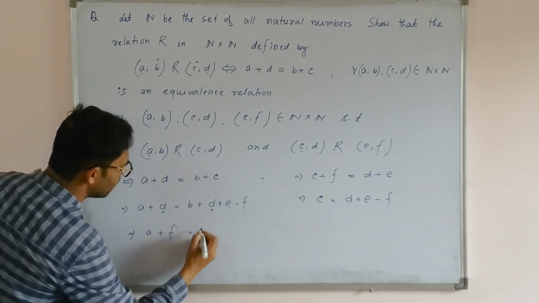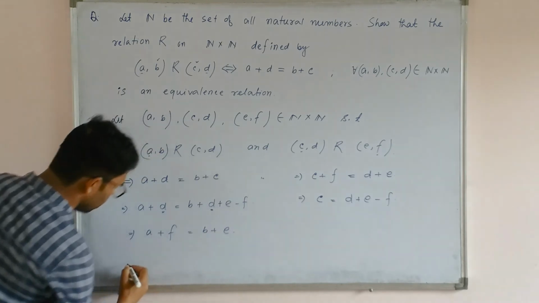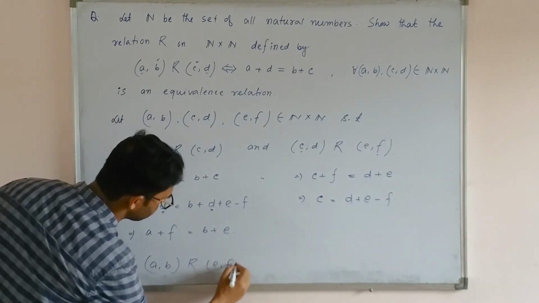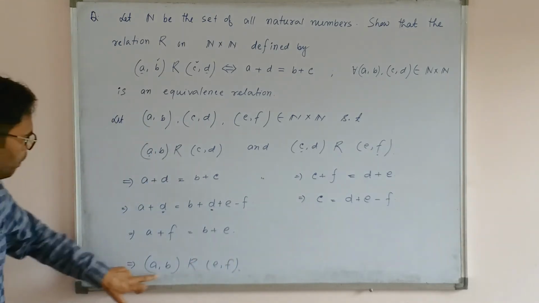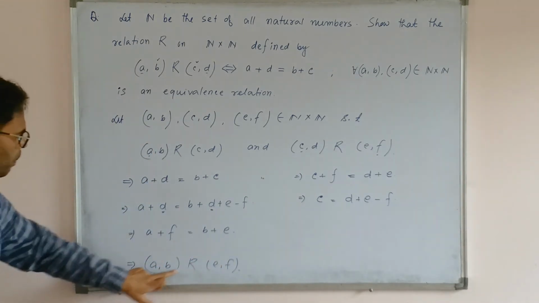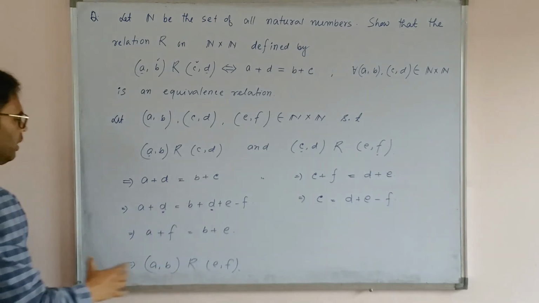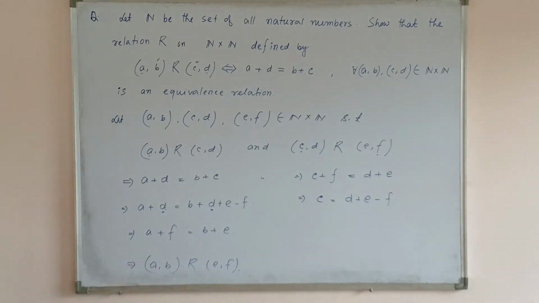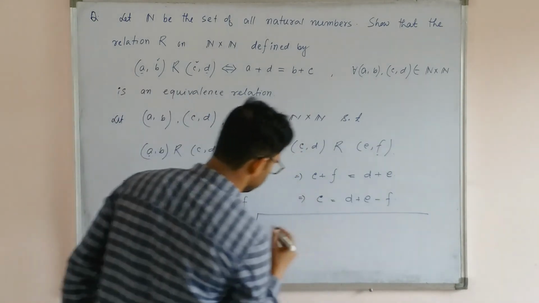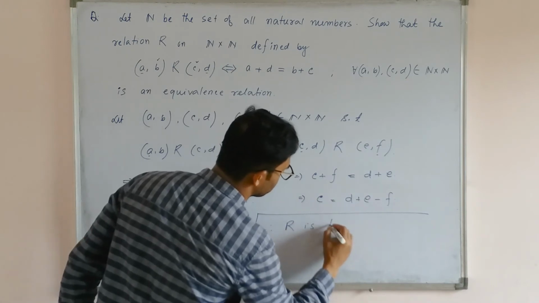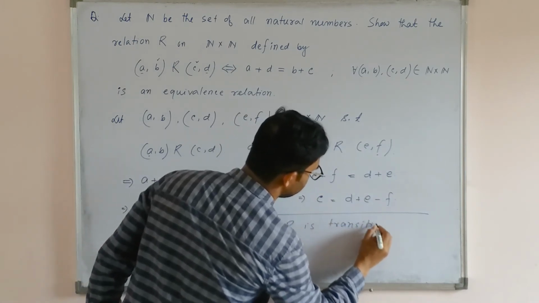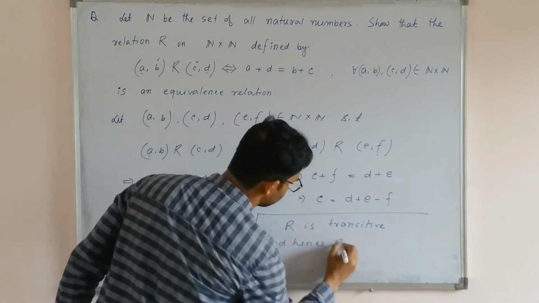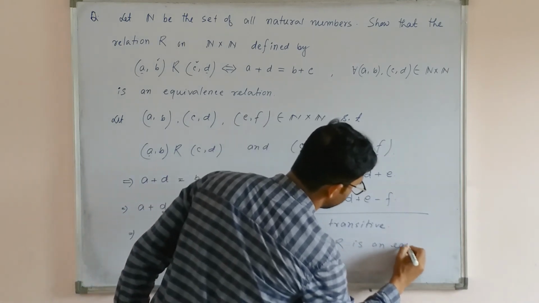So a + f is equal to b + e. Now, is this not (a, b) related to (e, f)? Ultimately (a, b) is related to (e, f). So this shows the relation is a transitive relation. Therefore R is transitive, and hence R is an equivalence relation.